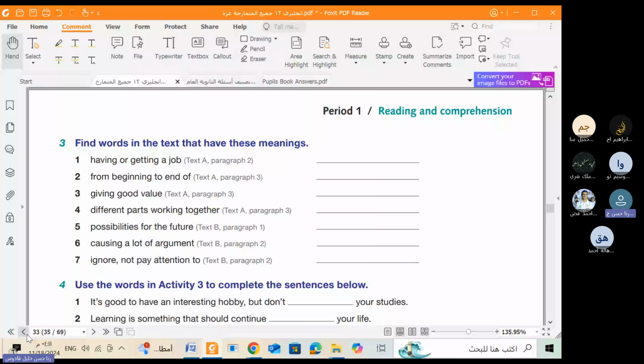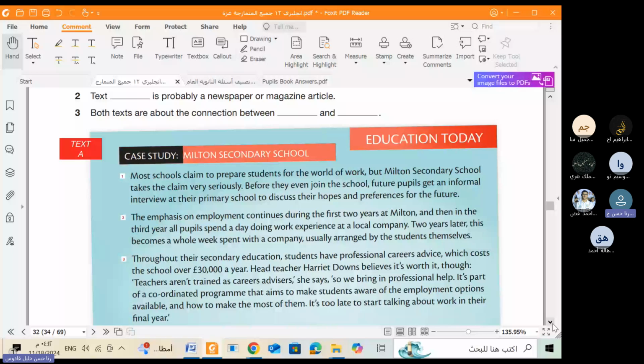We said this school tries to help its students to be prepared for the future world of work by letting them, for example, have a work experience in a company, and the students themselves arrange the work or how they work with that company.